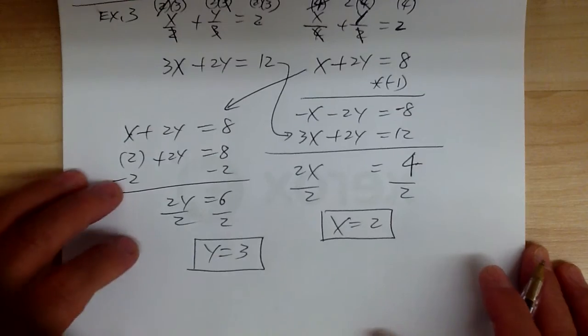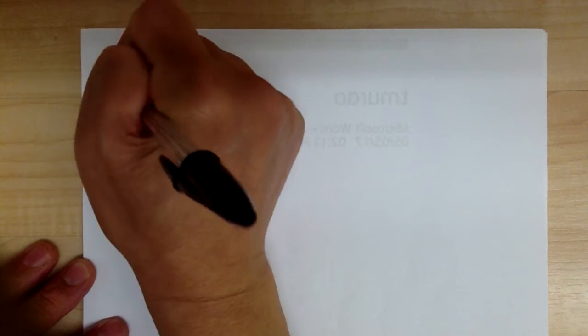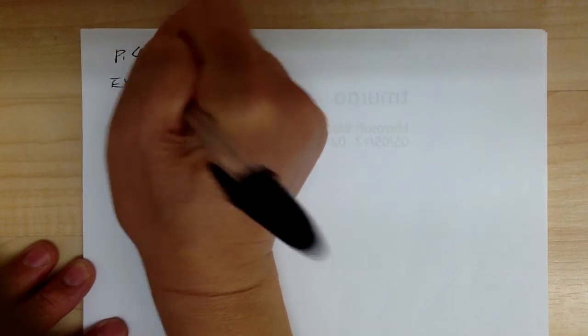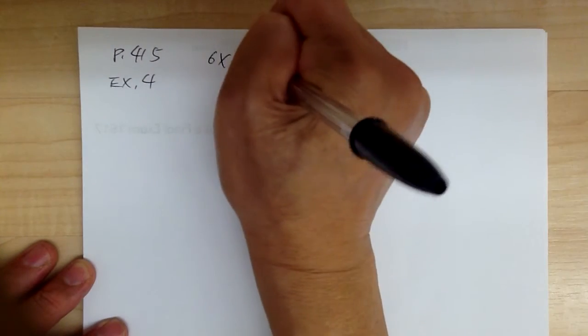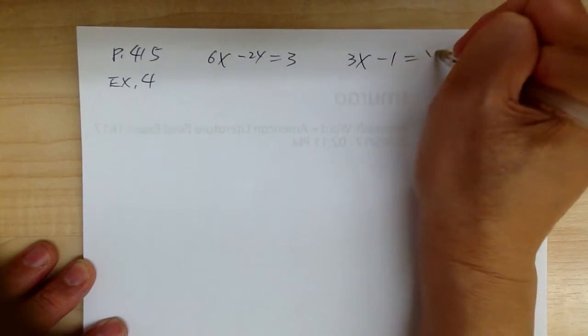Okay, let's go to example 4. So you got 6x minus 2y equal to 3. You got 3x minus y equal to y.